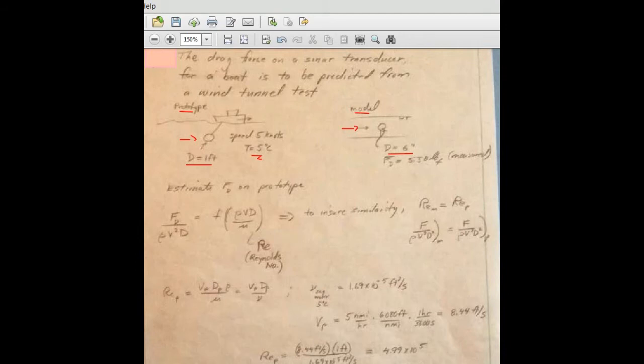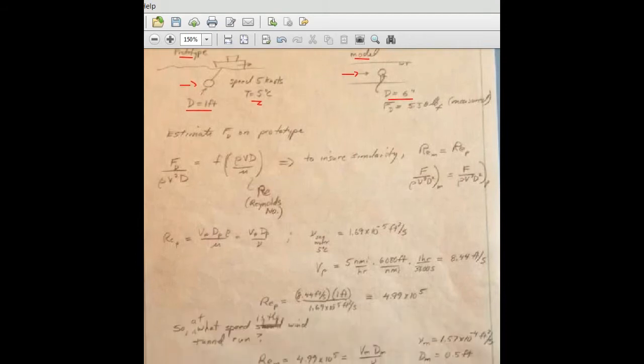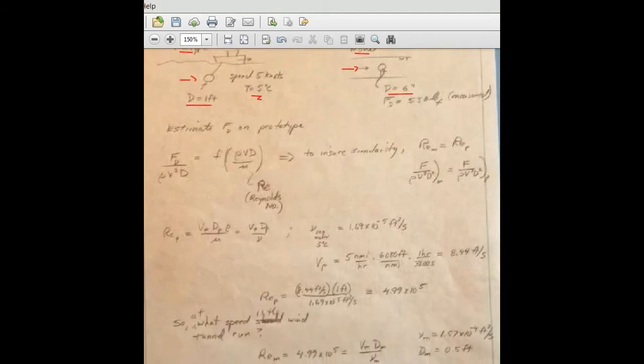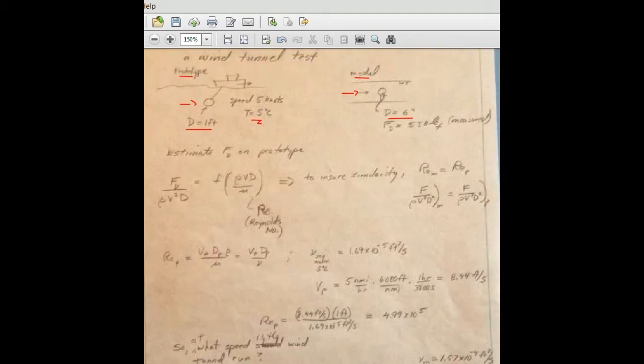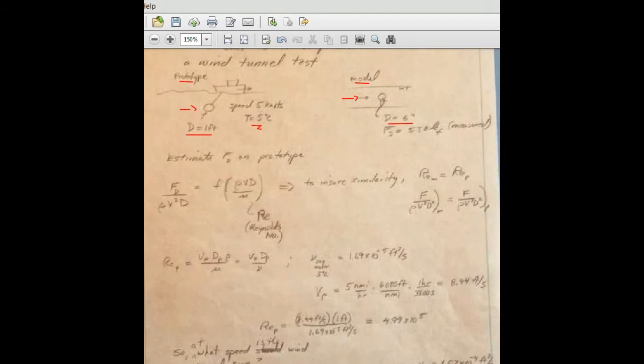So the key here is if we assume that the model is similar to the prototype system, then the dimensionless groups are the same. So we have this drag coefficient, which is actually the force of drag divided by this energy term rho v squared d, so that's the velocity squared times the diameter.